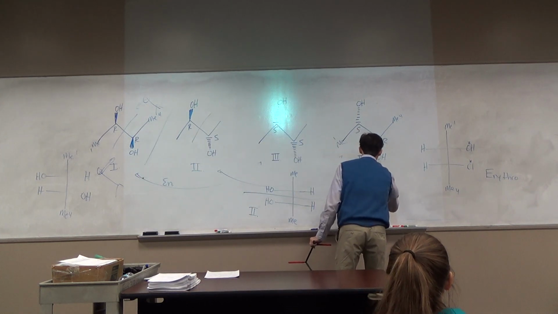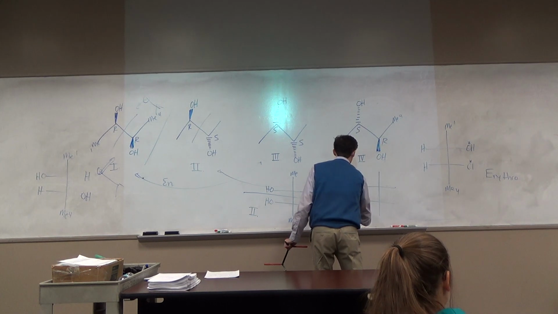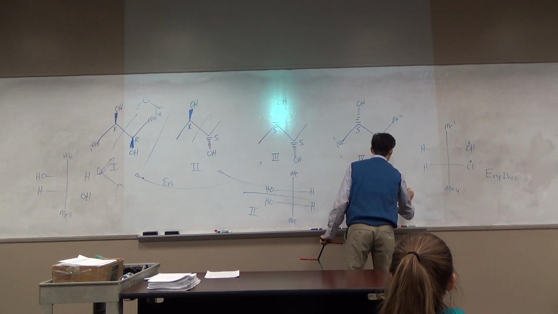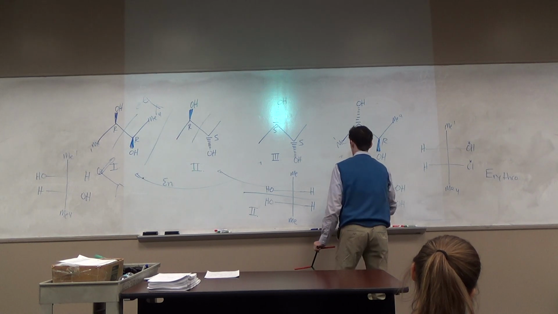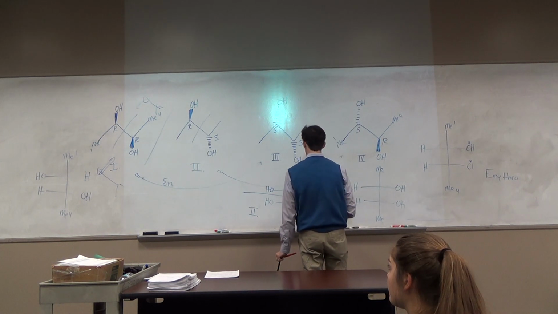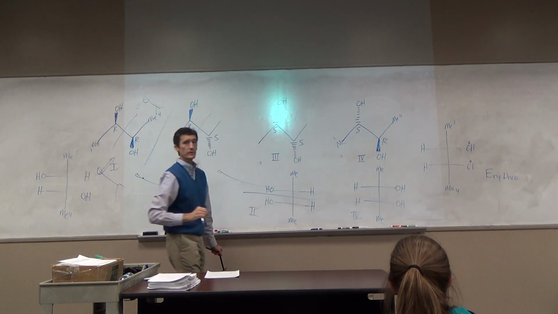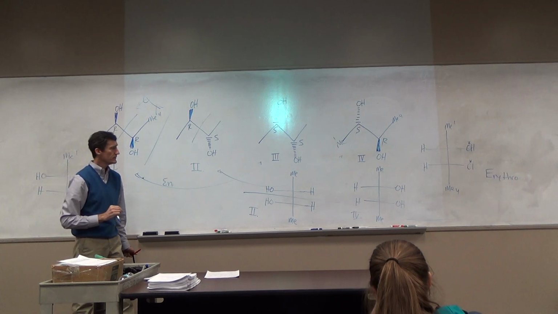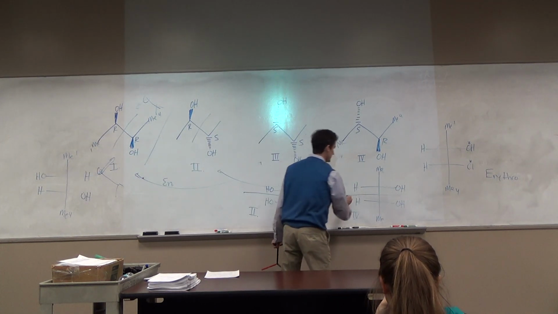If we drew a Fischer projection of compound 4, it would look like this. That's 2 and this is 4. Drawn as mirror images. Fischer projections drawn as mirror images. I mean, it has a plane of symmetry.